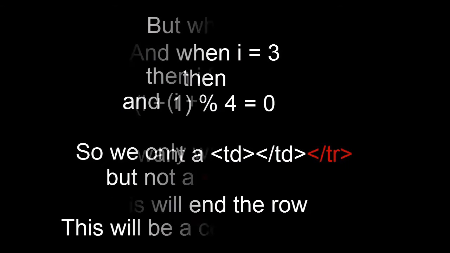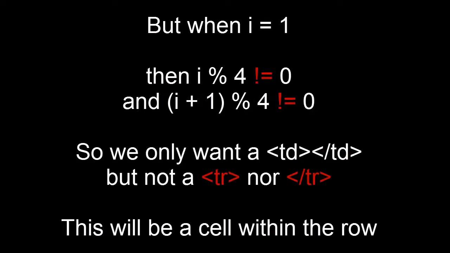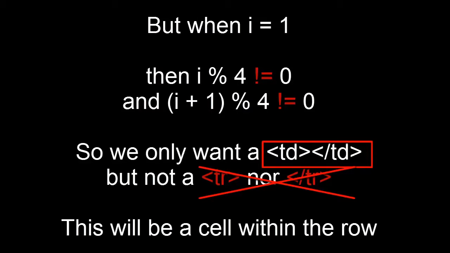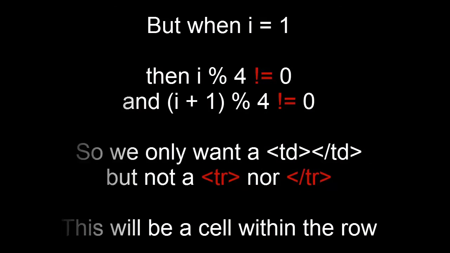This will end the row. But when i equals 1, then i mod 4 does not equal 0, and i plus 1 mod 4 does not equal 0. So we only want the opening and closing td tags, but not a closing nor opening tr tag. This will be a cell within the row.